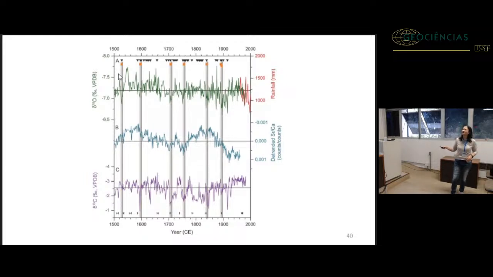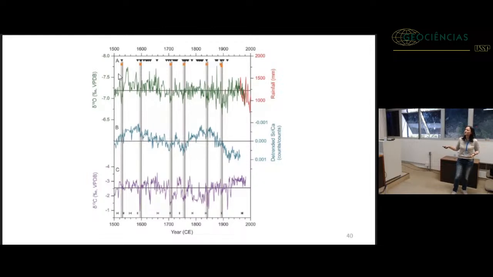You have higher oxygen isotopes. Not all of the higher oxygen events here were recorded in the cave, but maybe it was not strong enough, because we can't really correlate this with precipitation and the impacts.